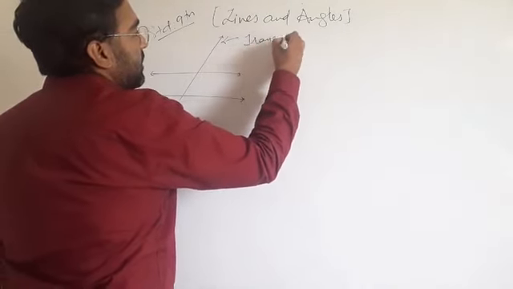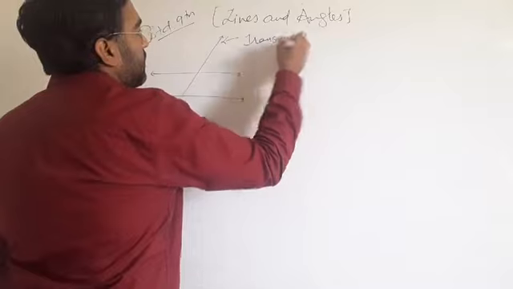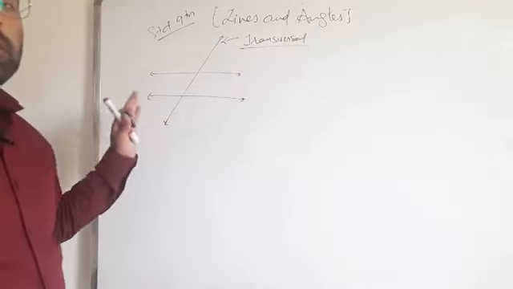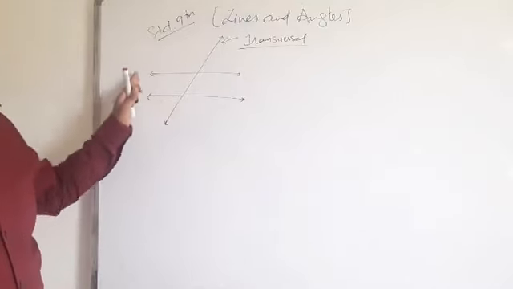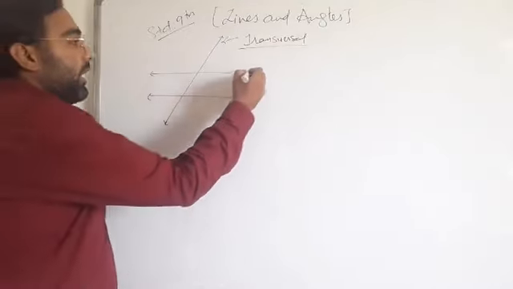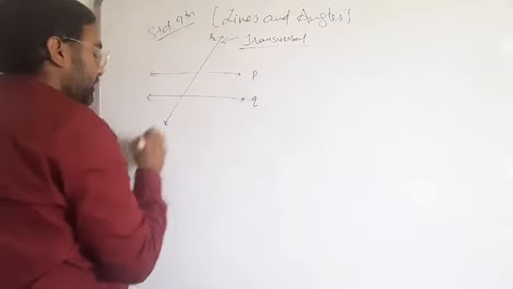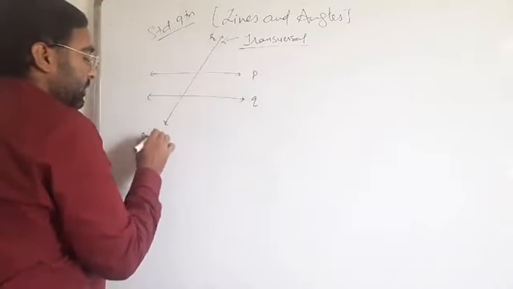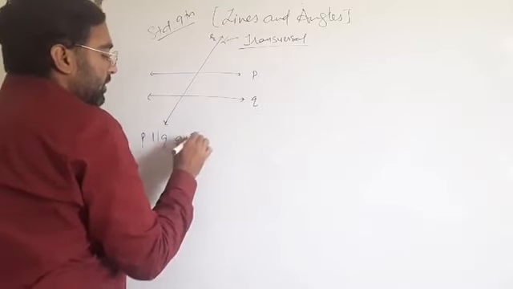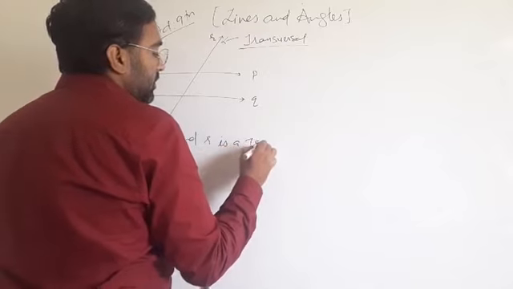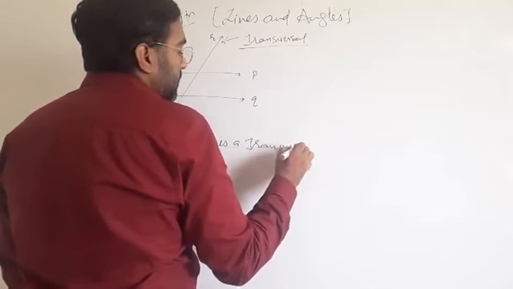This line we have to call a transversal, and these two lines are parallel to each other. I'll name this P, and this is Q, and this is R. So P is parallel to Q and R is a transversal.